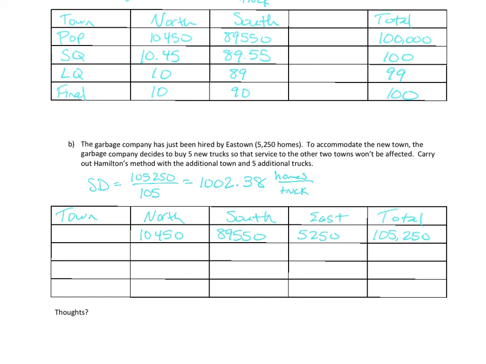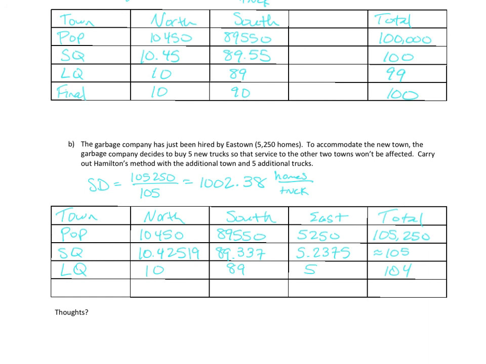All right, so now we calculate standard quotas by dividing each town's population by the standard divisor. So I went ahead and did those calculations. Here they are. And then for lower quota, we round them all down, 10, 89, and 5. So that's 99 plus 5 is 104 trucks.